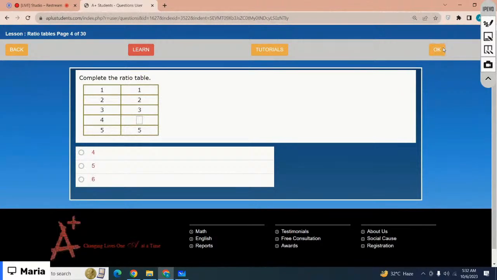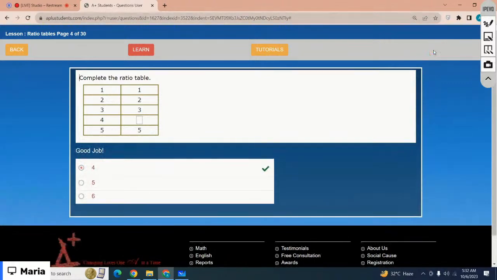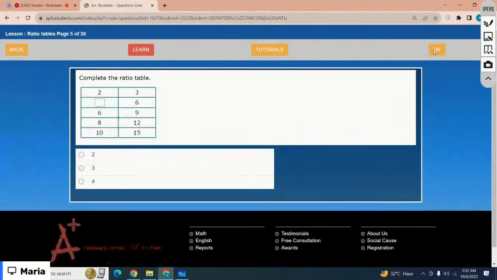Okay, complete the ratio table. So which value is missing? Yes, that would be 4. Very good. Complete the ratio table.